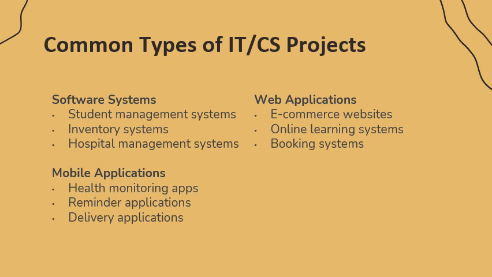Whereas inventory systems are used by businesses to track stock levels, manage products, and reduce wastage or shortages. In the healthcare sector, hospital management systems support the management of patient records, appointments, billing, and medical services. This will ensure smoother operations and better service delivery.